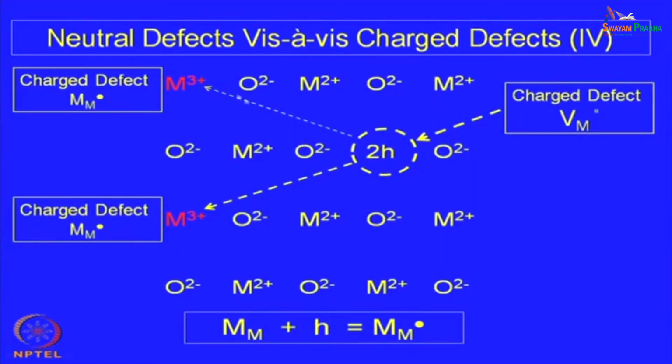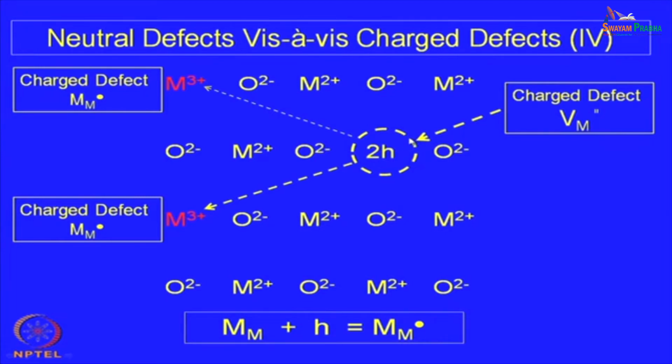Exactly in the same manner, these two holes have now gone back to two different metals. Okay. So, once that hole is no longer there at that particular site, the charge distribution has been changed. So, this has become effectively a negatively charged place, and this is a place where a metal was supposed to be.